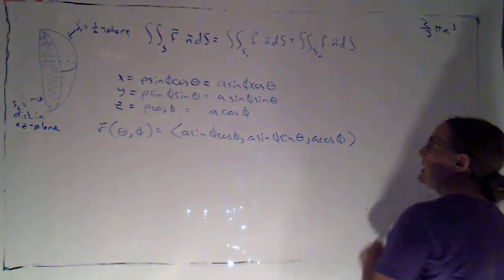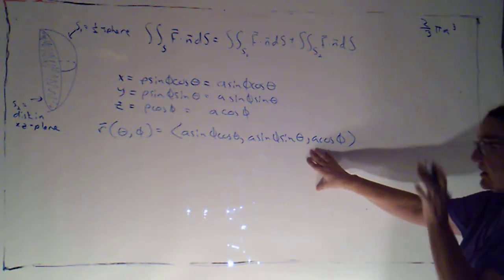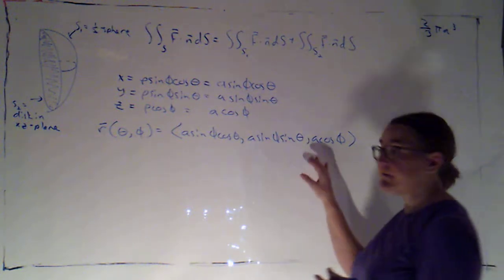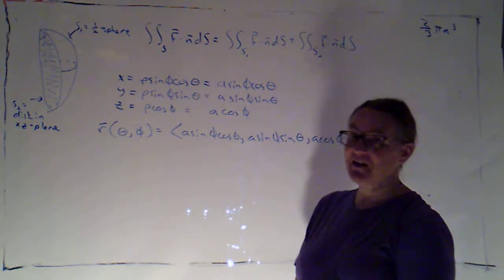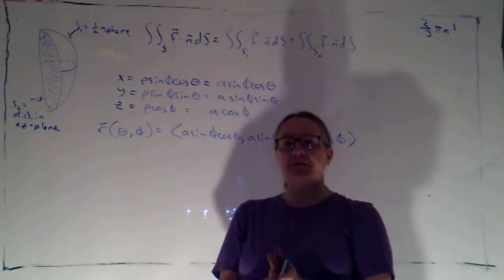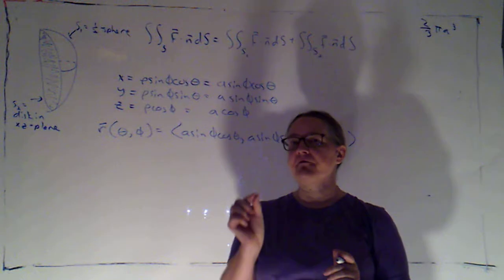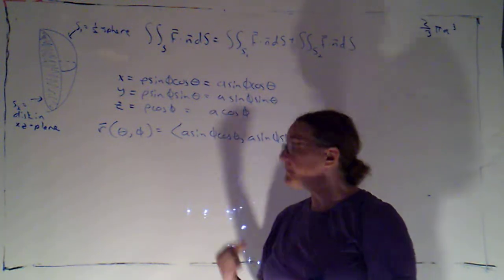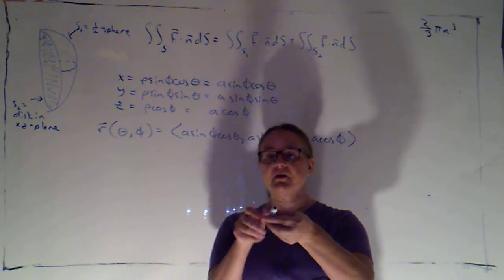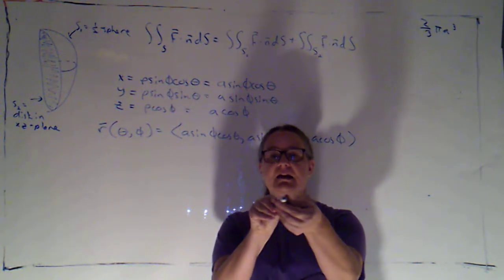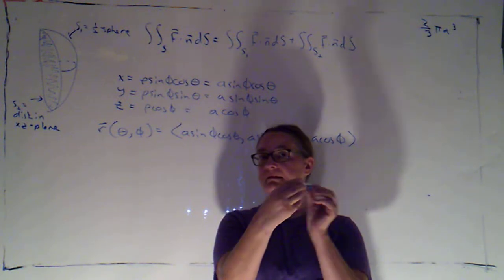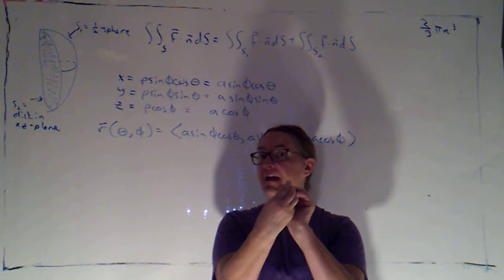Let's restrict our parameters, theta and phi, so that we just get the right half of this sphere, and we just get it once. If it's the right half of the sphere, theta varies from 0 to pi. When theta is 0, that's pointing straight out along the positive x-axis. Theta being pi over 2 would be on the positive y-axis, and pi would be on the negative x-axis.